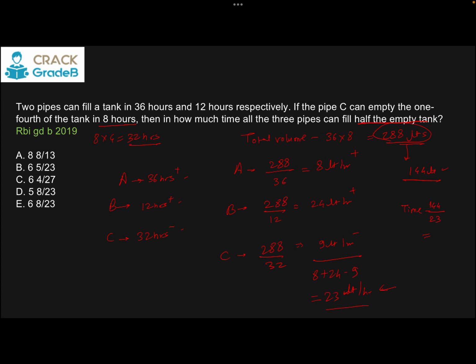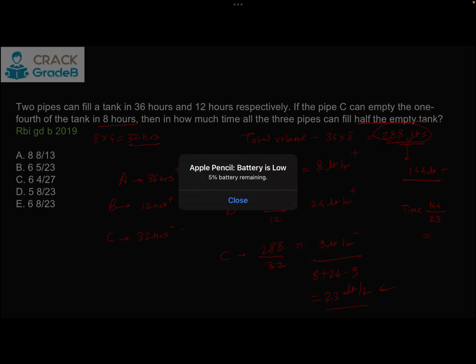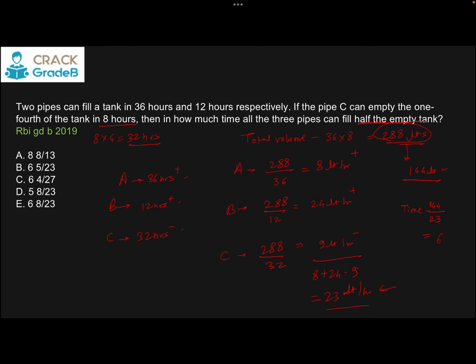This is going to be 23 times 6 times. 23 times 6 is going to be 138, and then what remains is 6 upon 23.